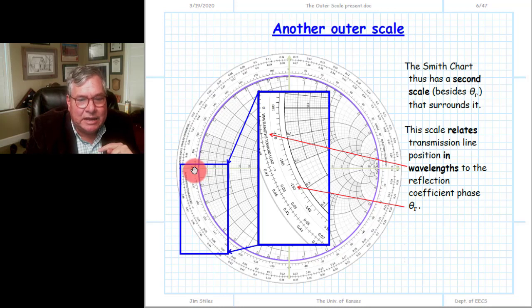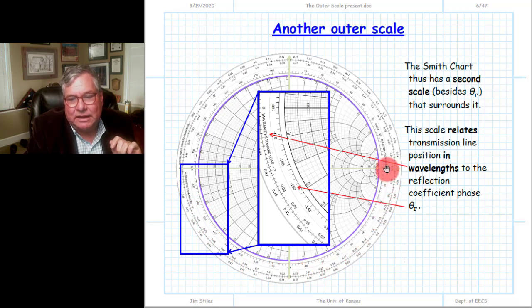And as we increase the reflection coefficient phase angle from minus 180 to 170 to 160, what we find is that the scale here, wavelengths toward load, will likewise increase. It starts at a value of 0 and then moves to 0.04 and 0.05, for example. And it continues to increase as we move along this scale.